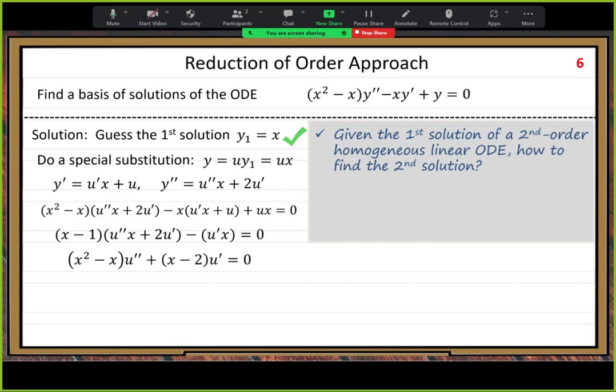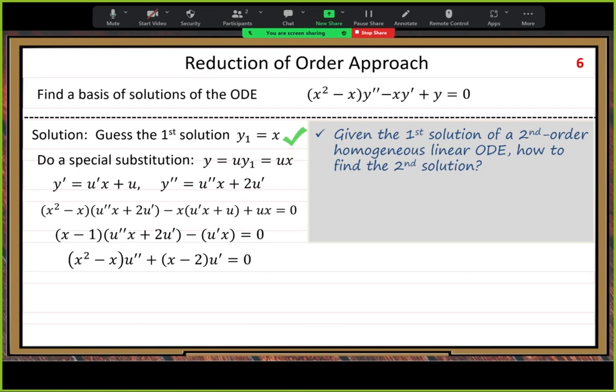How to take advantage of it? We can assume u prime is a new function. Then u double prime is just the prime of this new function, and it becomes a first order differential equation. We can treat u prime as a new function v, so v equals u prime. Then this equation is just a first order differential equation for the v function.